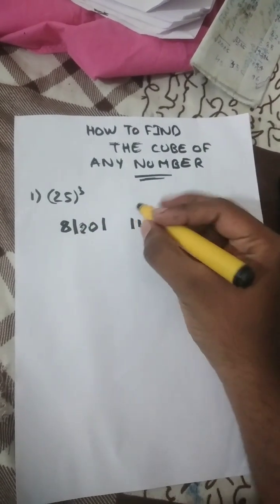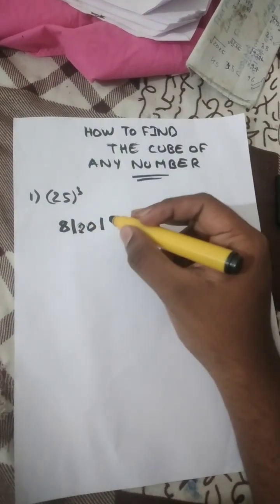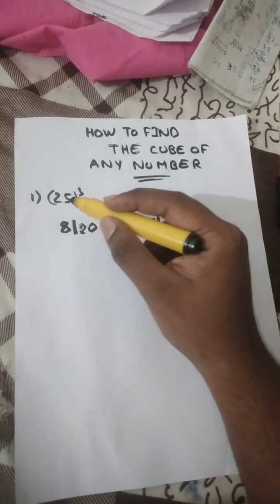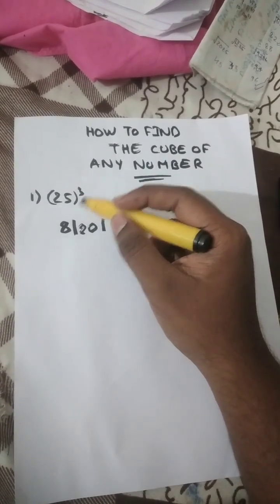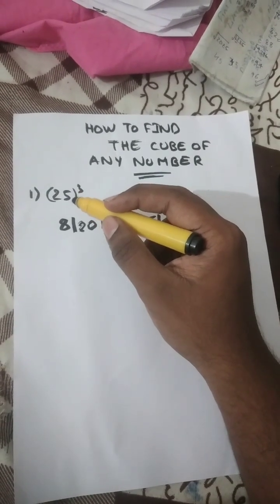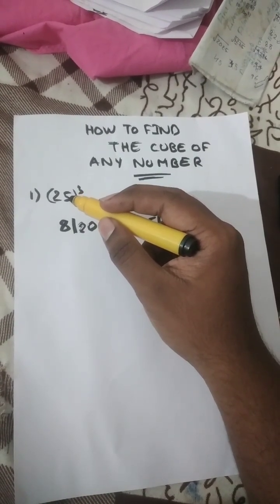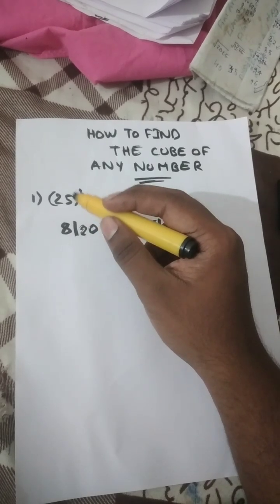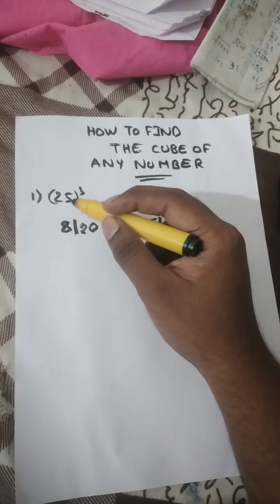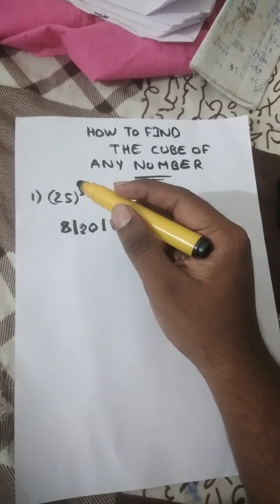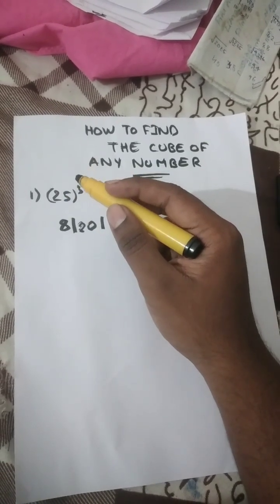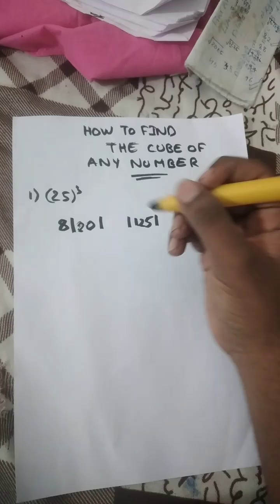The next step is the same but in a different way. We first square the second digit. The square of 5 would be 25, and multiply 25 with the first digit. Multiplying 25 with 2, you would get 50.